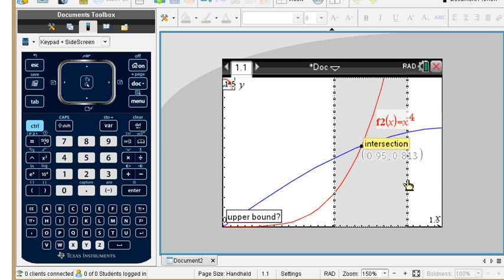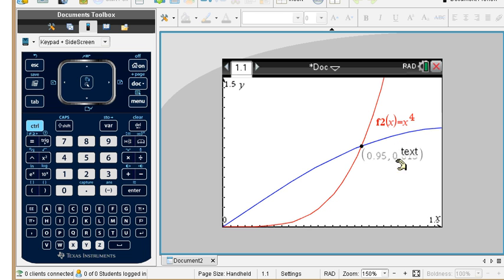We go to the right side, and it gives us an intersection with coordinates: x-coordinate 0.95, y-coordinate 0.813. The problem is that in our AP test, we need to have answers to at least 3 decimal places, which means for a preliminary answer, which we need for our limits of integration, we need to get more than that.